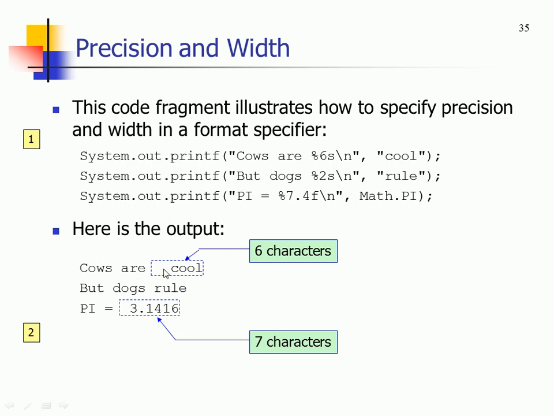So that's why there is 2 spaces in front of cool. Okay, but dogs, now we have 2s. So we're telling the minimum width, it has to be 2. But dogs is 4, so we don't do anything with it. Okay, pi equals 7.4. So the total length is 7. 1, 2, 3, 4, 5, 6, 7. With 4 after the decimal place. So that's why I get 3.1416. Okay, easy enough?